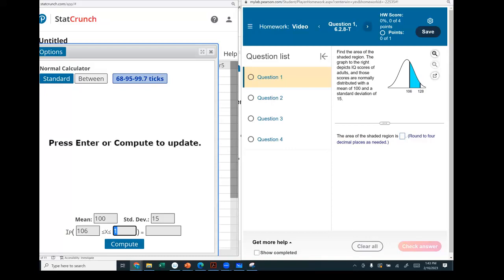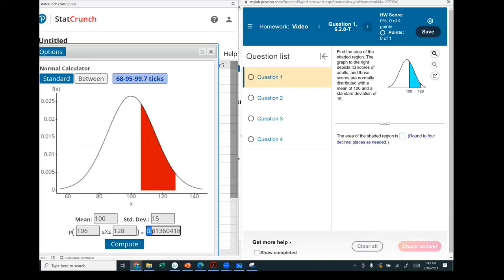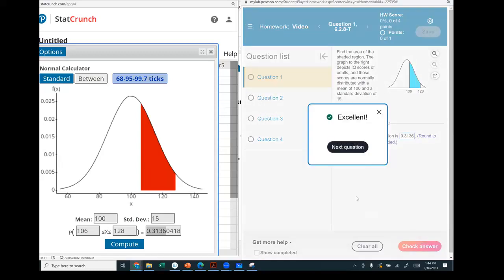My upper limit is 128, and I hit compute. I get how many decimal places? 4 decimal places. Got it. Copying it and pasting it in, and there it is. So pretty easy, right?